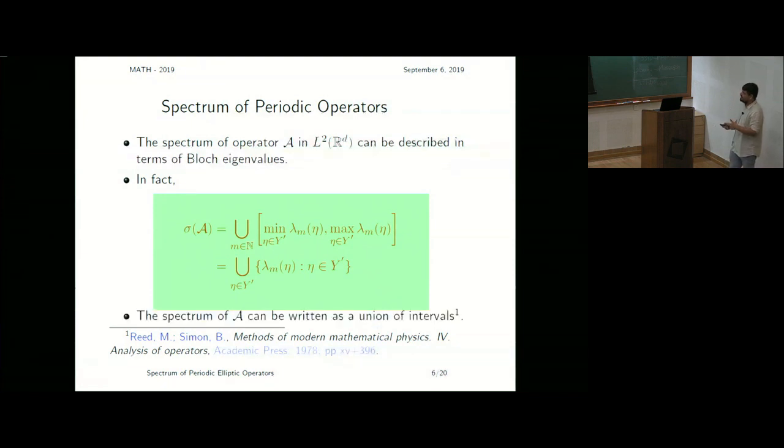Further, we can look at the maximal intervals here, and we can write the spectrum of A finally as a union of intervals. For a proof of this, one can refer to Reed and Simon, volume 4, or one can also look in Dautray-Lions, volume 3, for example.